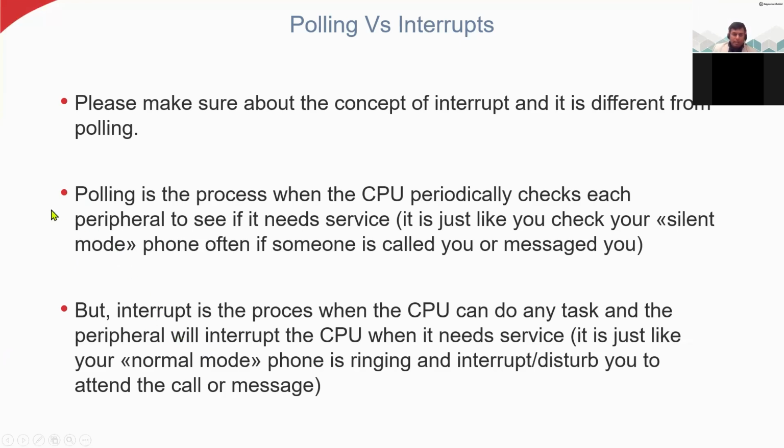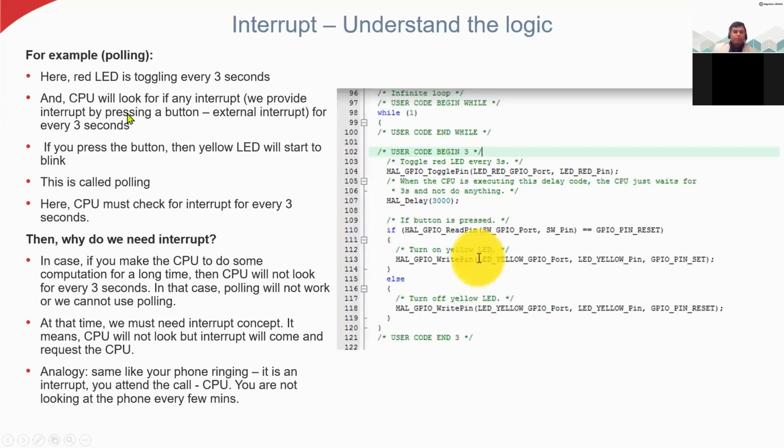You can also set the pin in polling mode or interrupt mode. So I will tell you the disadvantage of using this polling mode. Okay, first, for example, you set up the polling mode now. So the red LED is toggling every 3 seconds. So the CPU will look for any interrupt. We provide an external interrupt by pressing a button every 3 seconds.